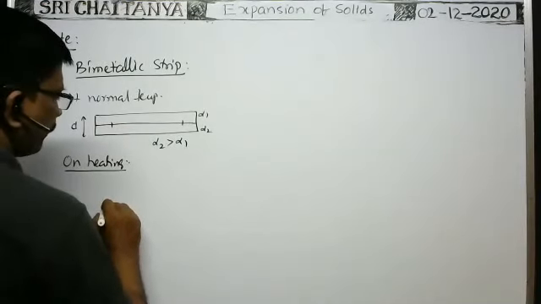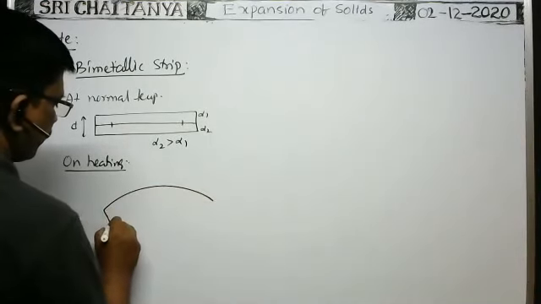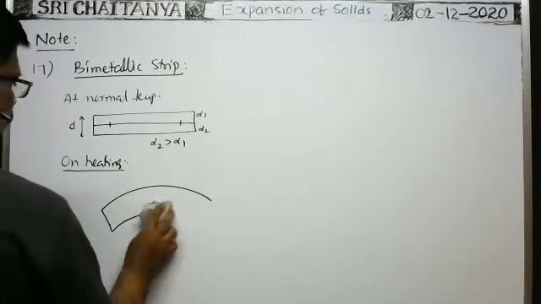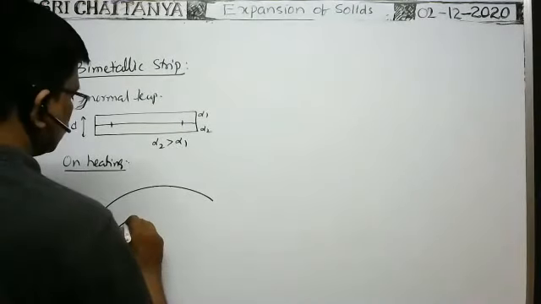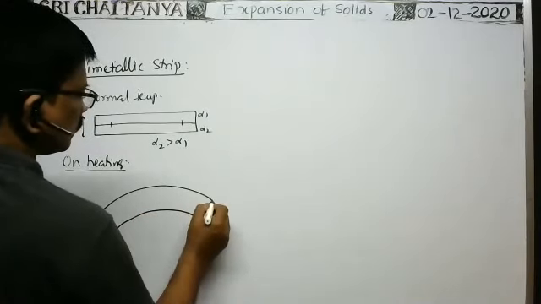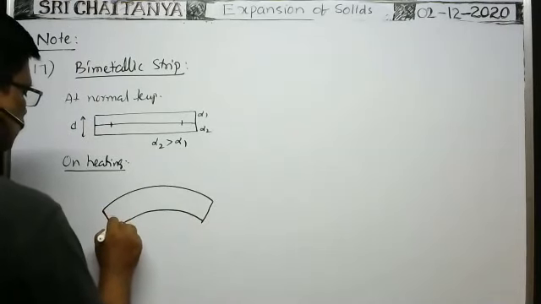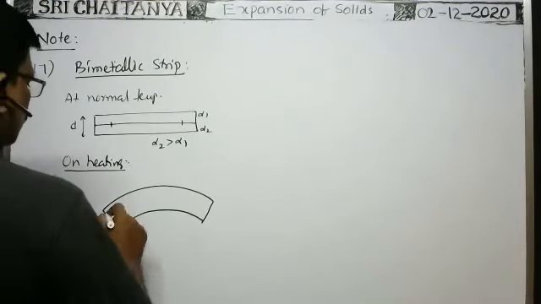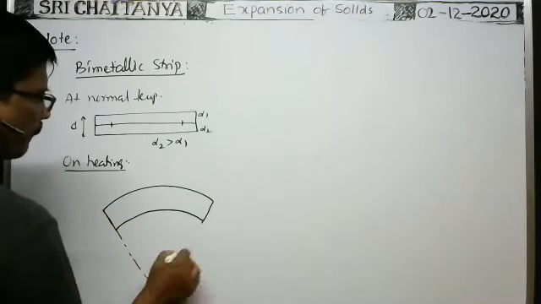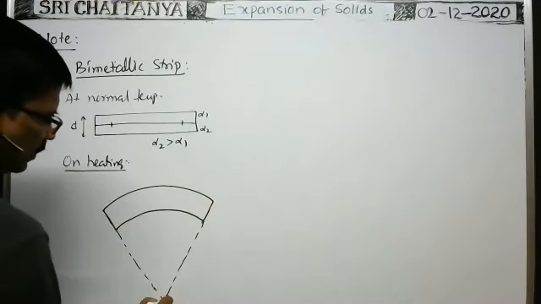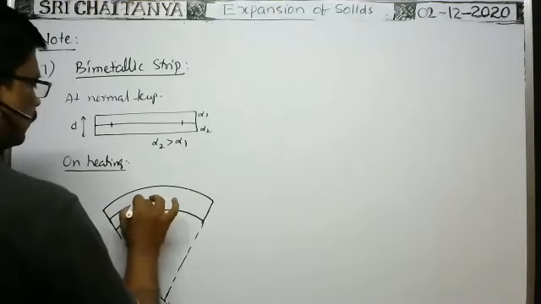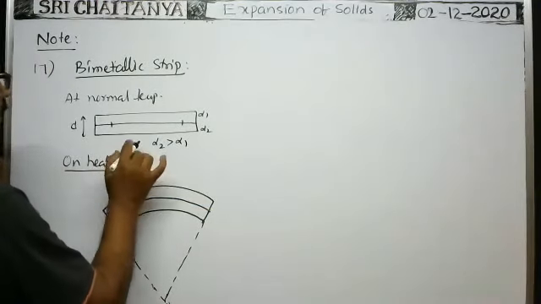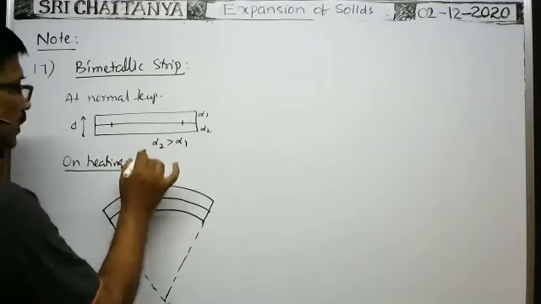Okay, now here you see, upon heating, the metal whose alpha value is more, meaning alpha 2, occupies the convex surface.